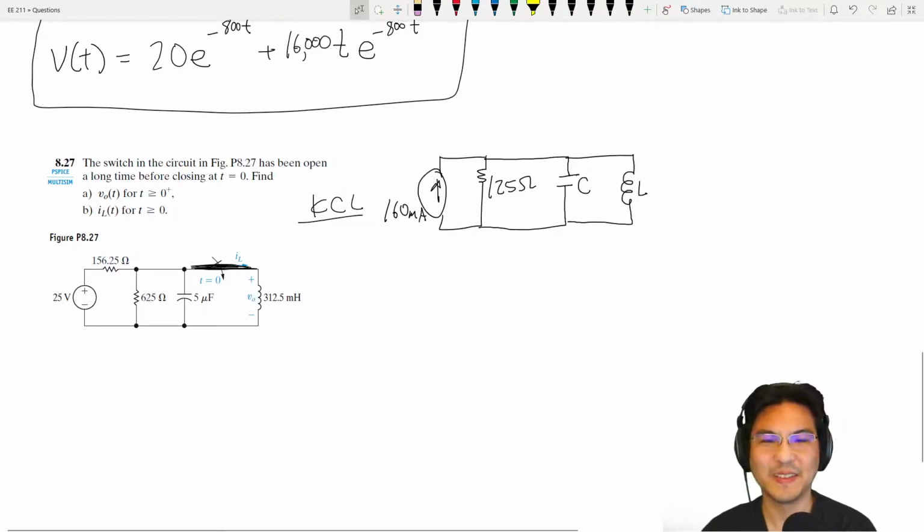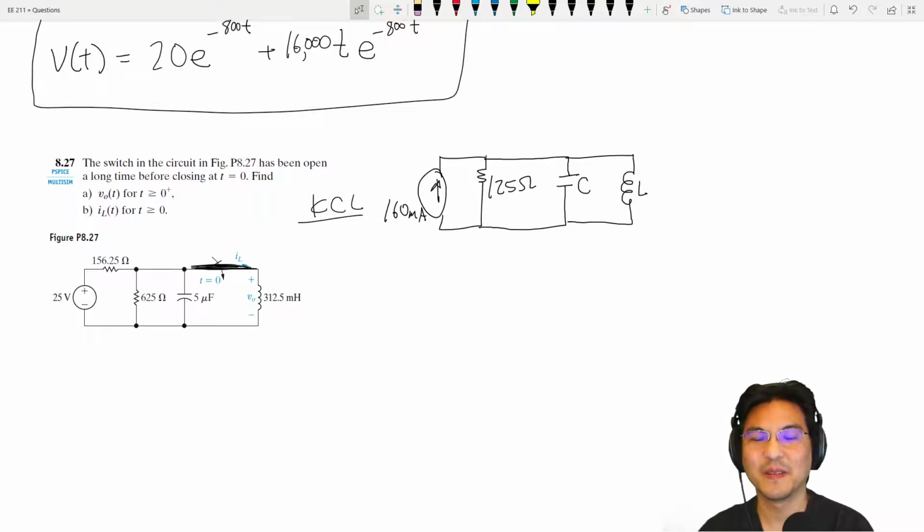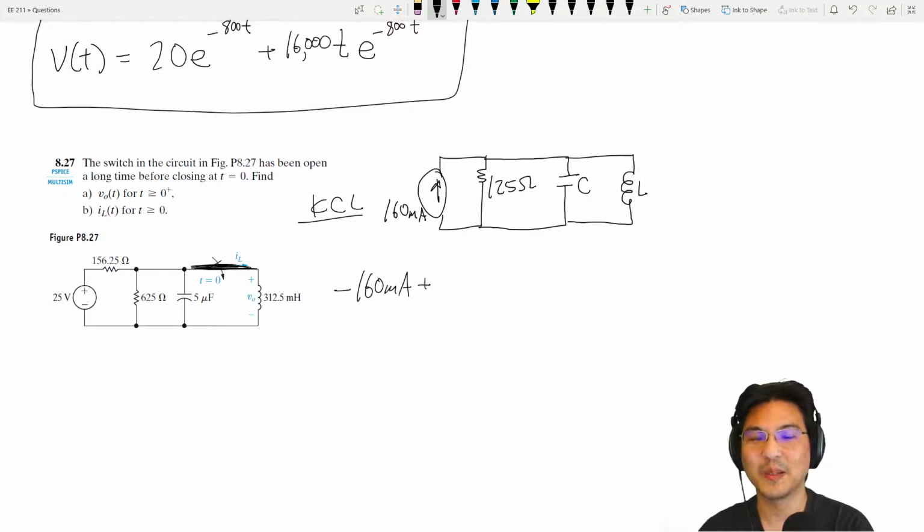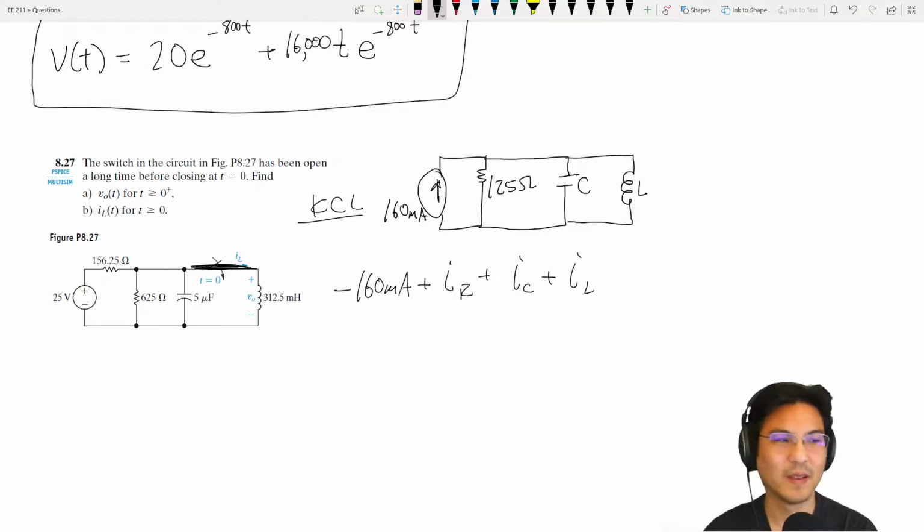So we got the current from this thing. Let's say going down is positive. So minus 160 plus the current for the resistor plus the current for the capacitor plus the current for the inductor. Okay, what do we know so far?